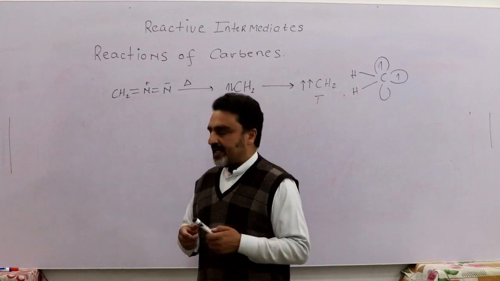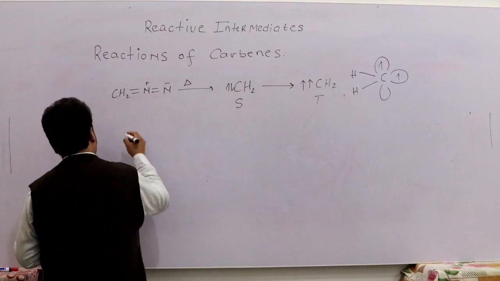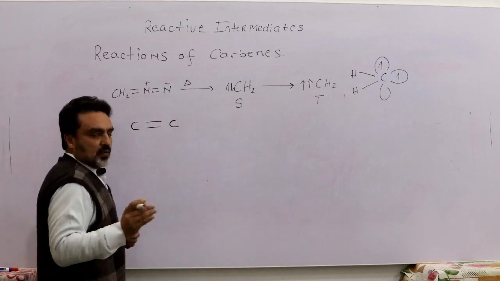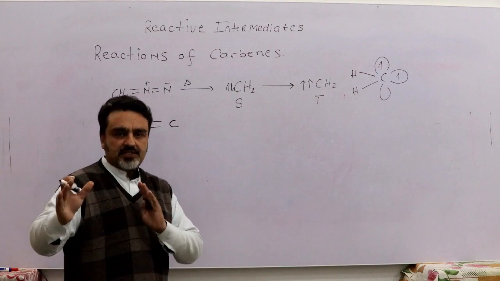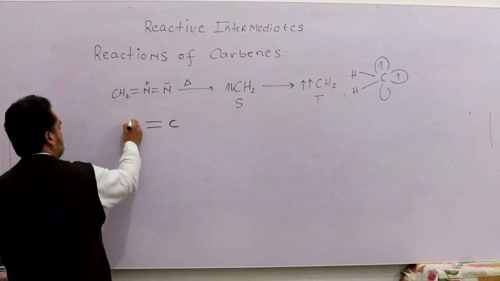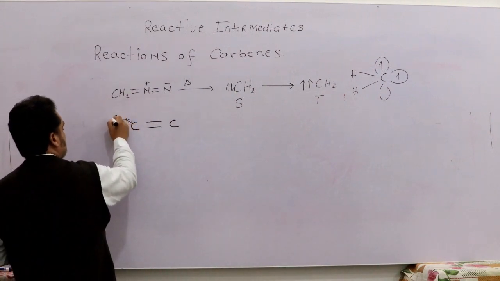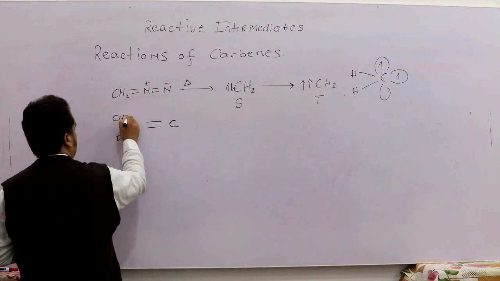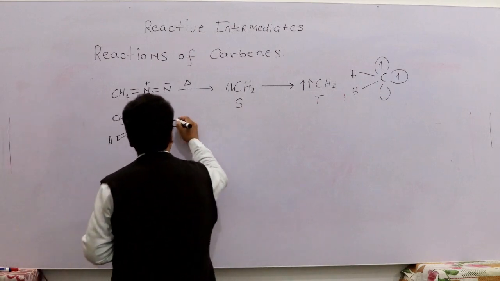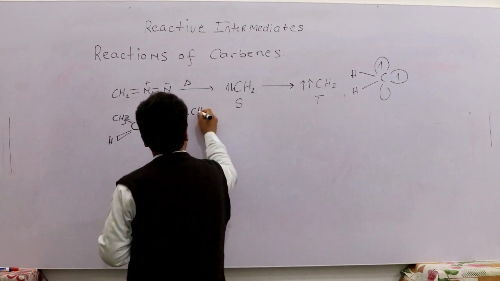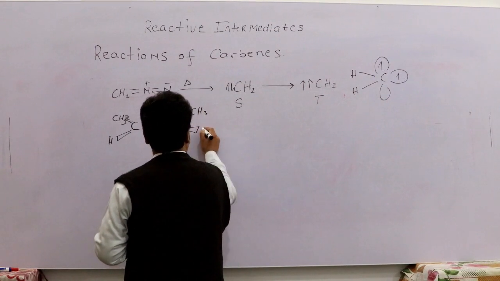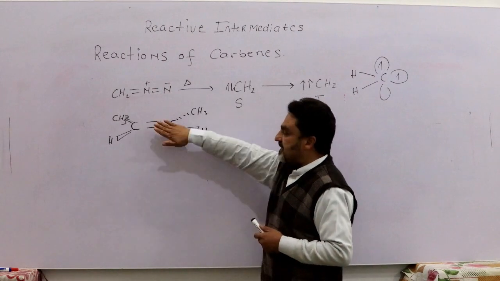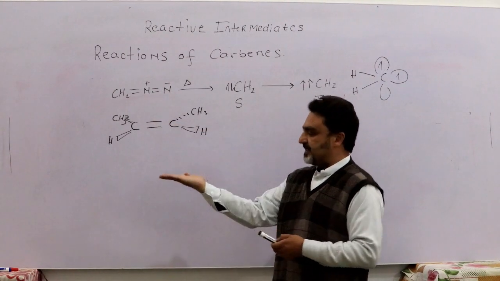So let me draw an alkene. This is an alkene. Now I have tried a little bit of stereochemistry with the alkene. This is CH3, and this is H. This is CH3, this is H. Okay, so this means that the alkene is present like this.